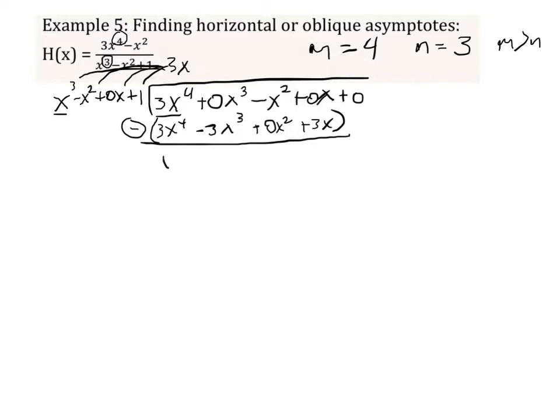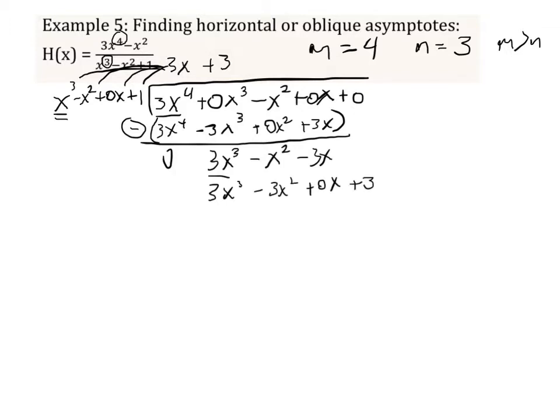And those parentheses help me to make sure that I distribute this negative symbol here to all 4 parts. So we get 0 there, 3x cubed, minus x squared, and minus 3x. Alright, so then I say, what's 3x cubed divided by x cubed? Well, that's plus 3. Then we get 3x cubed minus 3x squared plus 0x plus 3.